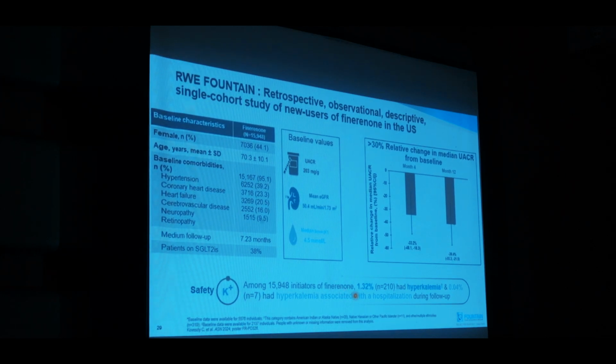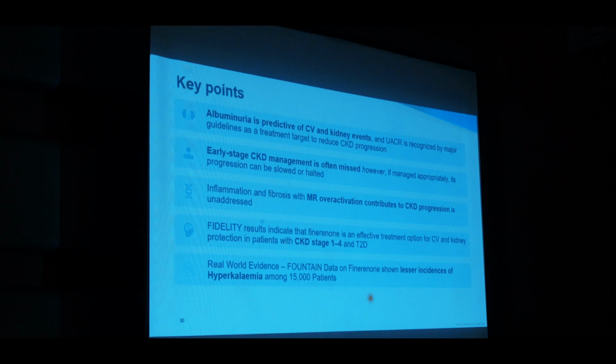Finerenone caused hyperkalemia in only 1.32% of patients, and only 0.04% had hyperkalemia associated with hospitalization. So even the real world evidence suggests only a 1.32% increased risk of hyperkalemia with this molecule. So with this I will end my talk.